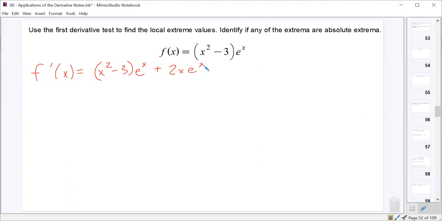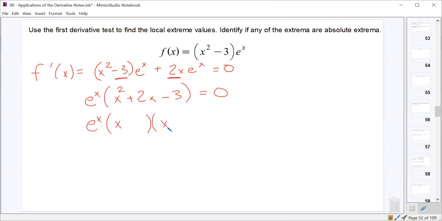And in order to see when this is equal to 0, we'll want to factor out an e to the x, leaving us with an x squared, plus 2x, and minus 3, at which point we can continue factoring. That turns out to be x plus 3 and x minus 1.